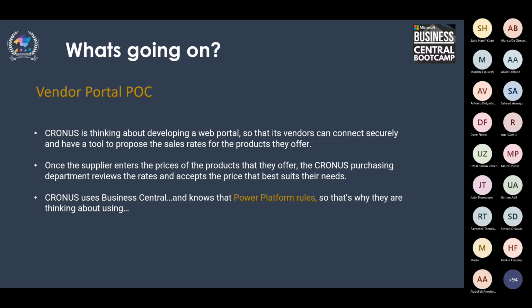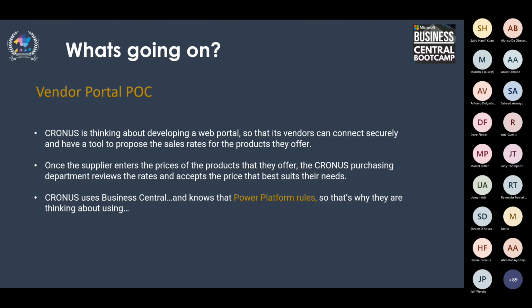Once the vendor or supplier enters the price on the portal, the Cronus purchasing team, the purchasing department, will review those prices. That is a task that we'll do on the ERP in Business Central: check the prices, and he is going to accept the price from the vendor that best suits their needs. Cronus, as I already told you, uses Business Central and knows that Power Platform rules.